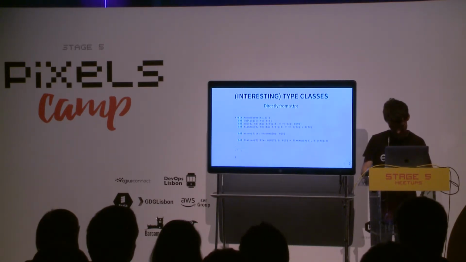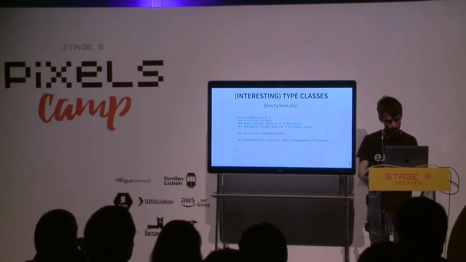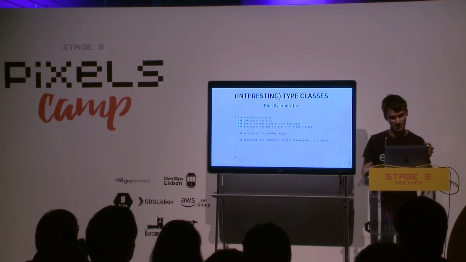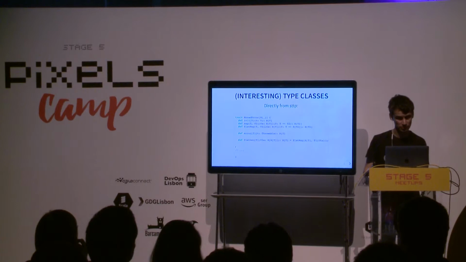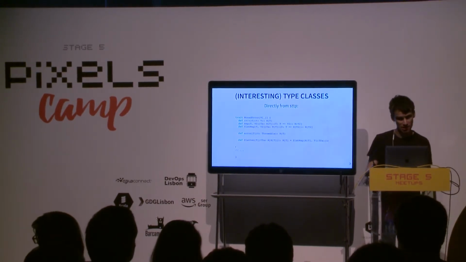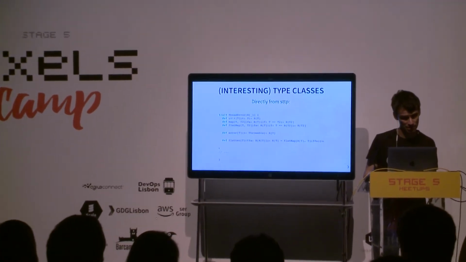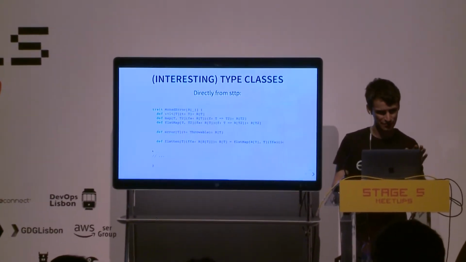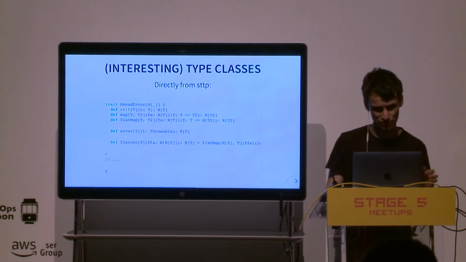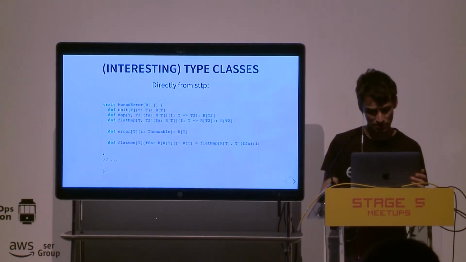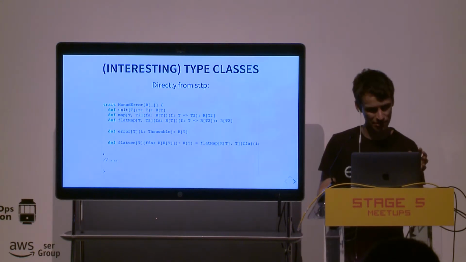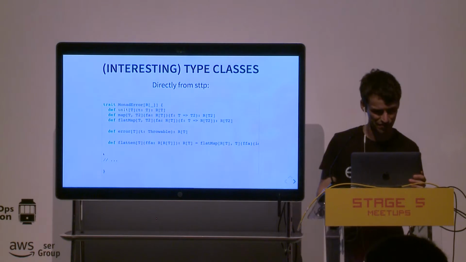Okay, STTP uses this type class pattern, or concept as we call it in Scala, and it defines its own, in this case, MonadError. For using an F in STTP, you need a unit method which puts some value in the F context. You need a map, which maps a function over F, and a flatMap.